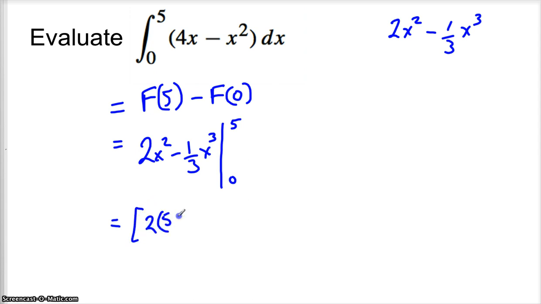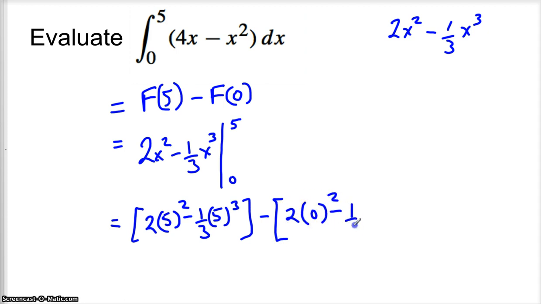Substitute 5 for x. And then we subtract. Substitute 0 there. And that's going to be an easy calculation because that's all going to be 0. So we just have to worry about this.